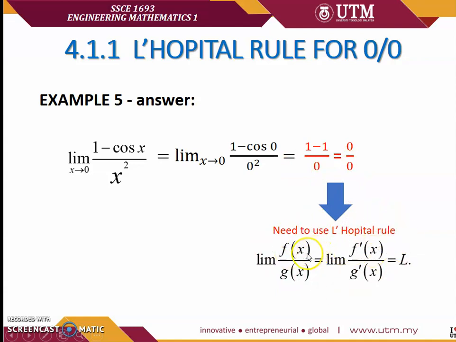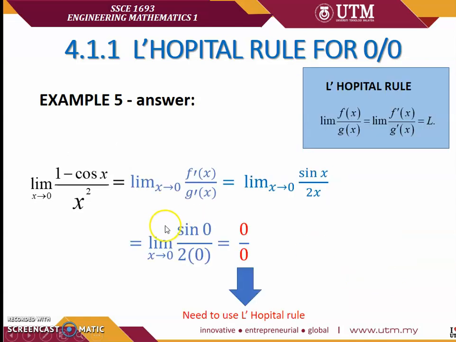Again, what is L'Hopital's rule? We find the differentiation of f(x), which is f prime x, and also the differentiation of g(x), which is g prime x. For 1 minus cos x, the differentiation is sin x, and for x squared it is 2x.